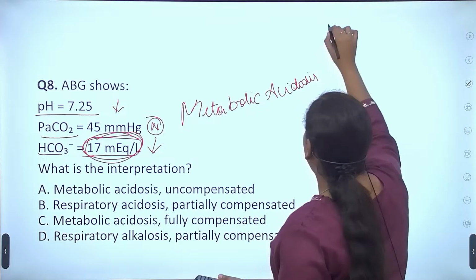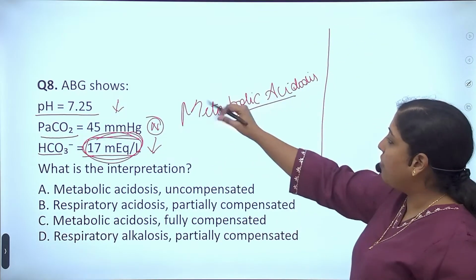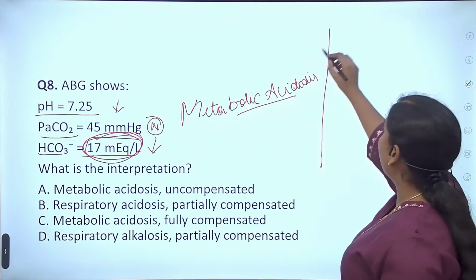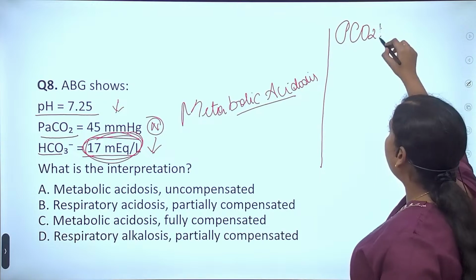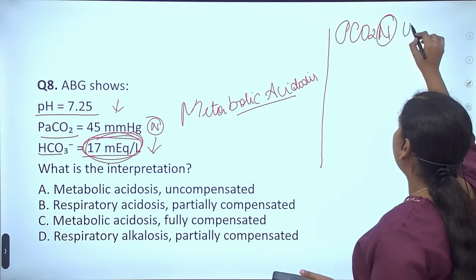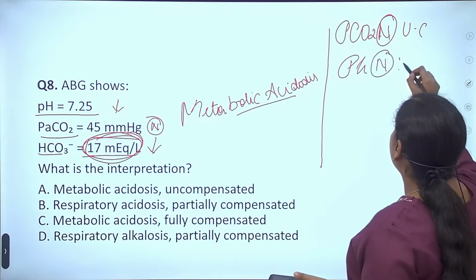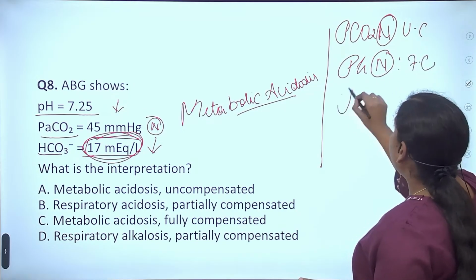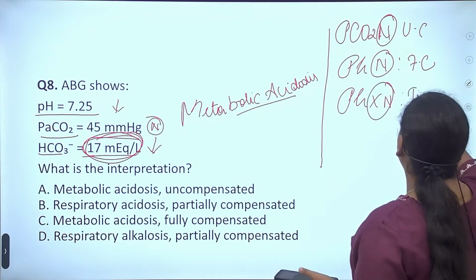So coming back to our step 3, classification. Here the problem is metabolic, so you have to see the PCO2 level again. If it is maintained normal, it is uncompensated. If pH is normal, it is fully compensated. If pH is not normal, it is partially compensated.